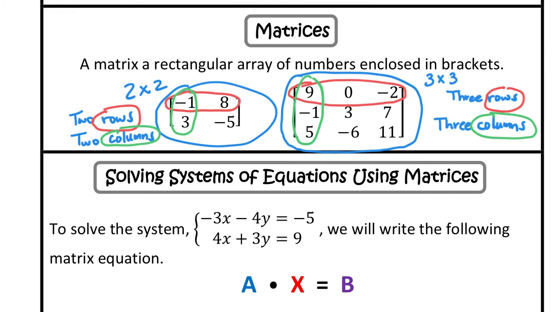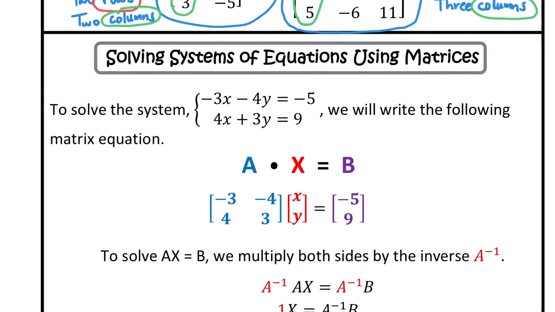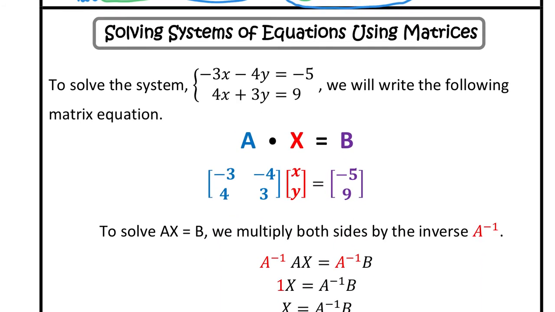Okay. So how do we use these matrices to solve systems? Let's say I have a system of equations like these. I have these 2 equations with variables x and y. How would I go about solving it?